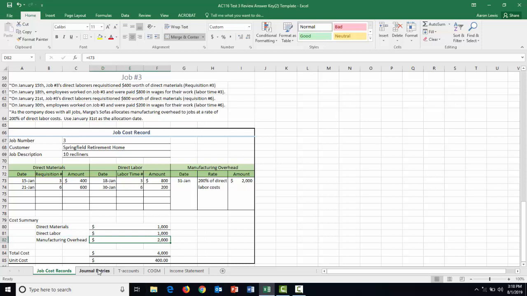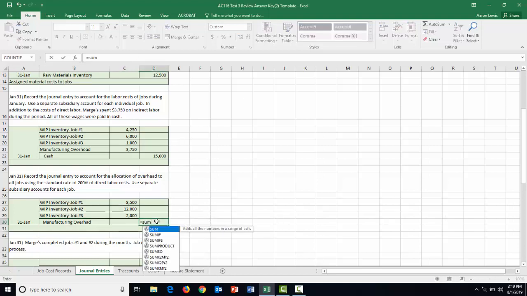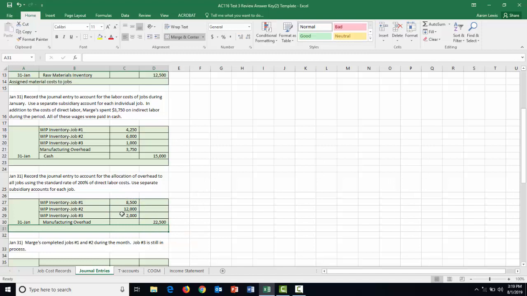So we go back over to our journal entries, and that comes out to be $2,000. If we're taking all of this out of our manufacturing overhead pool, we're going to need to credit manufacturing overhead for the amount of allocation. Whenever you allocate, manufacturing overhead is always credited for an amount equal to the sum of what got allocated to each job, which is $22,500.